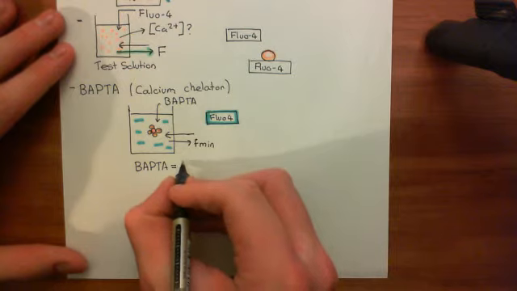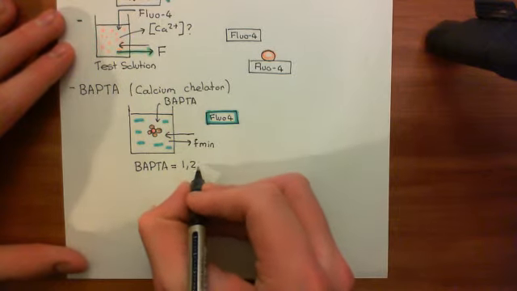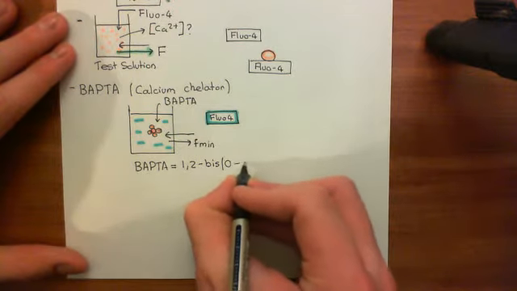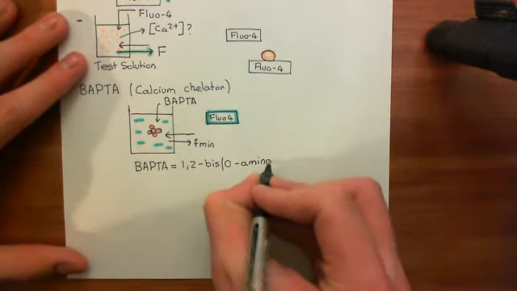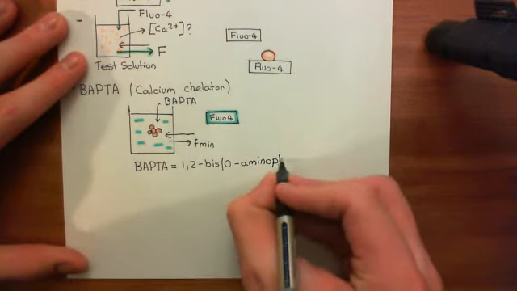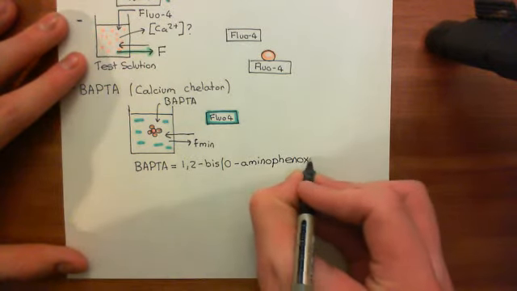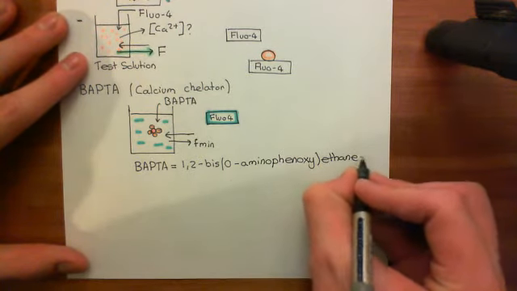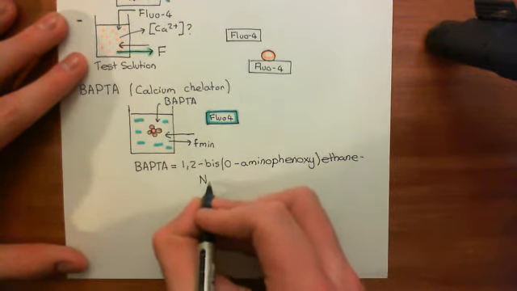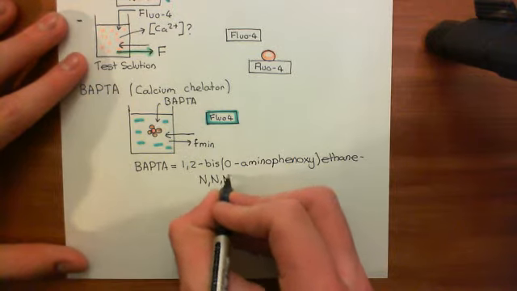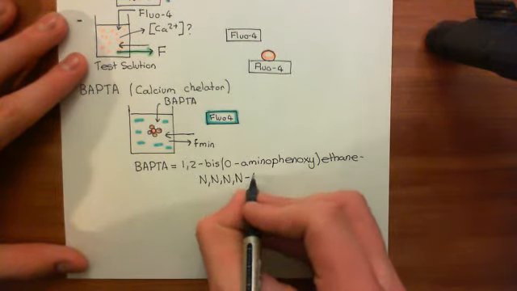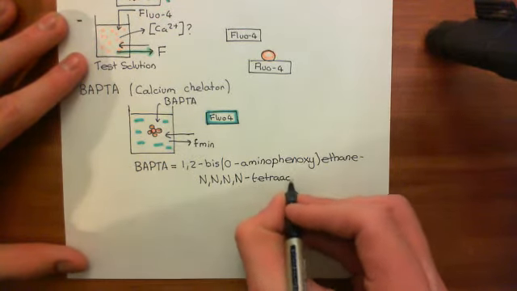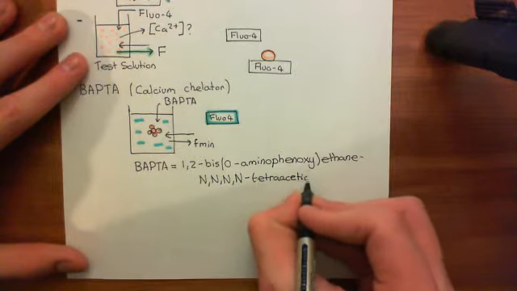So this is short for 1,2, and then we have bis, and then O-aminophenoxy, and then ethane, out of brackets, and then finally N,N,N',N', and then tetraacetic acid. So let me show you the logic in calling it this.